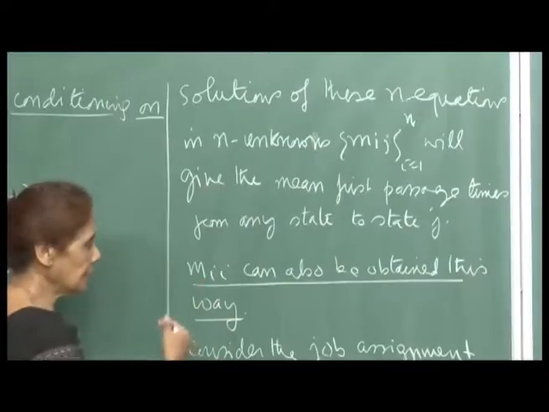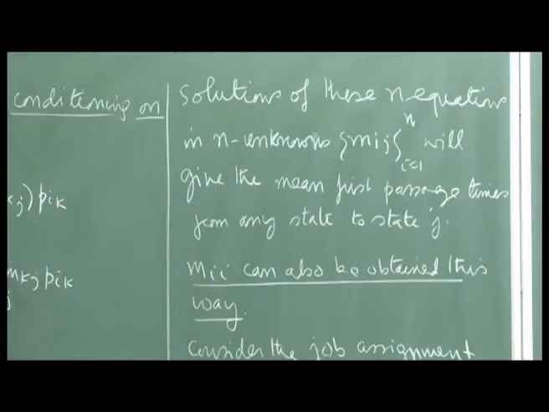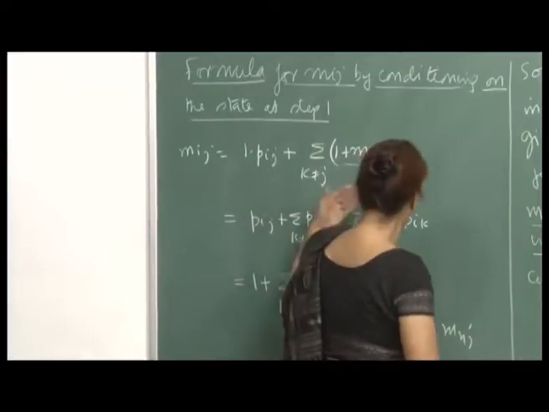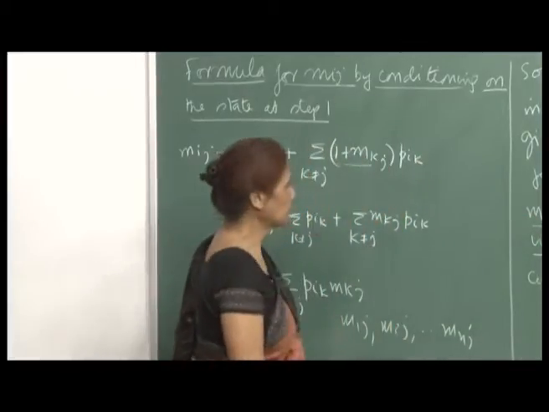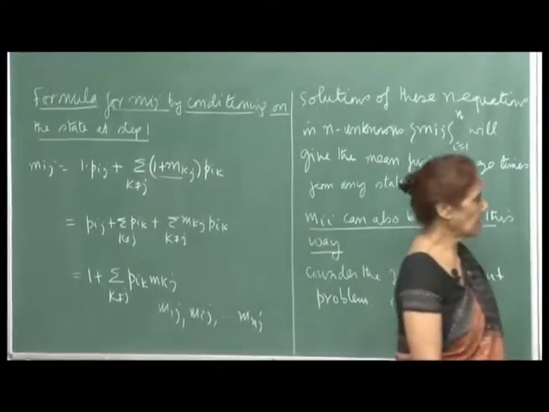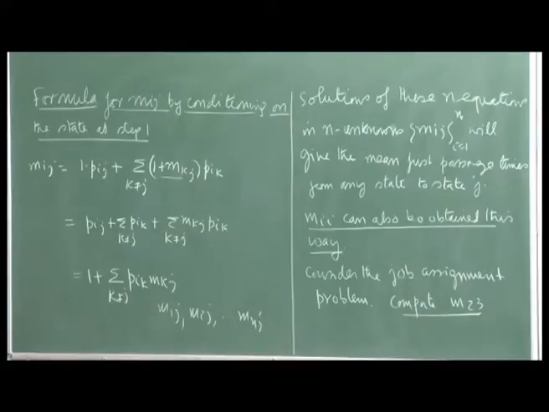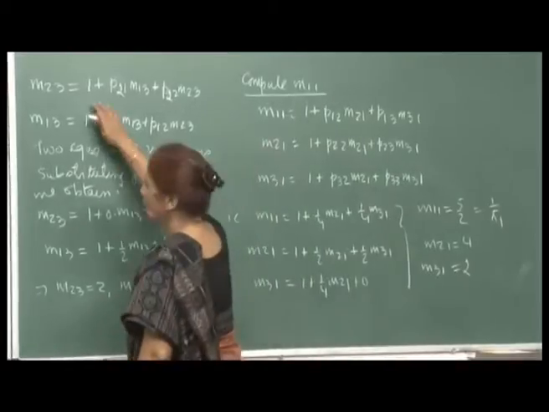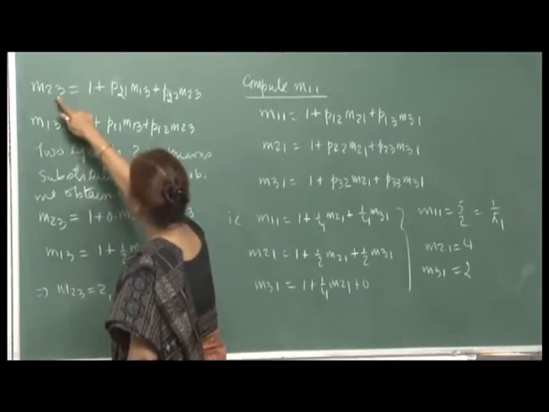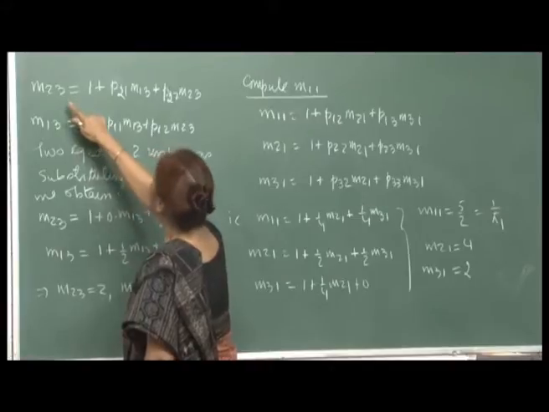Similarly, the mean first recurrence times can also be obtained by solving the corresponding set of equations. Let us just work out the formula. If you want to compute M23, then M23 will be 1 plus, and remember k is not equal to 3, so k can take the values 1 and 2.